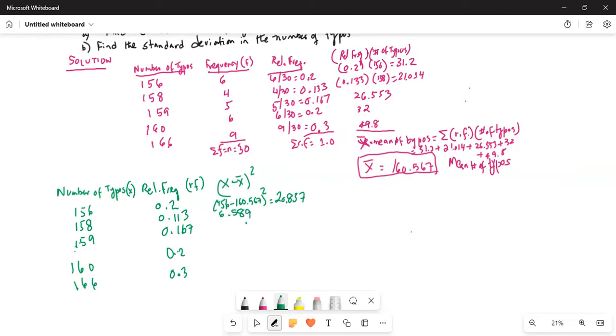And the next one will be 159 minus 160.567, and then you square it, and that will be 2.455. Next one will be, in parentheses, 160 minus 160.567, close the parenthesis, square it, and the answer is 0.321.